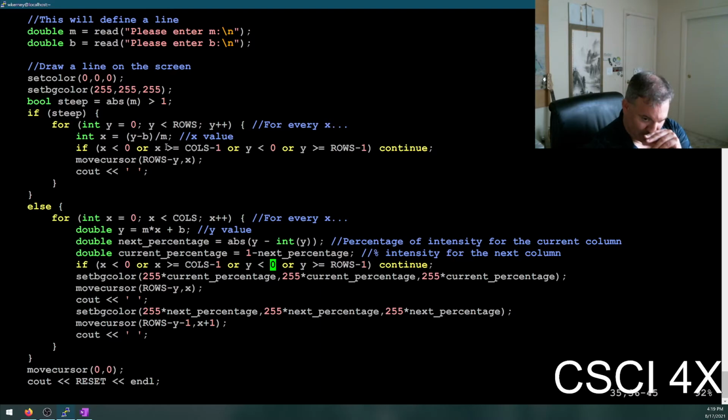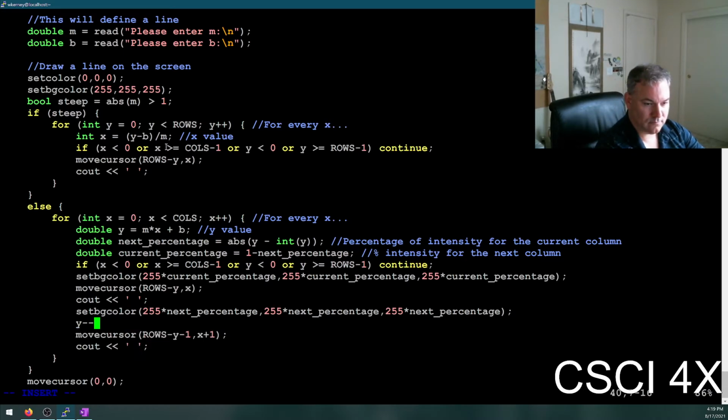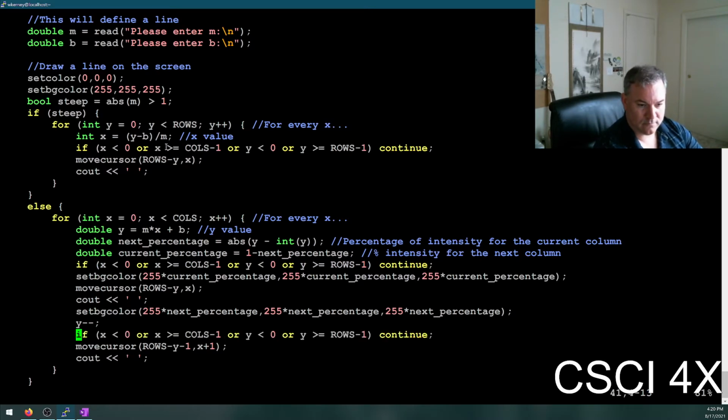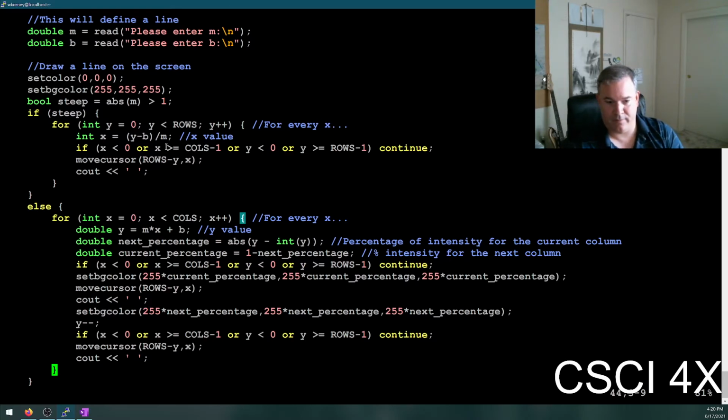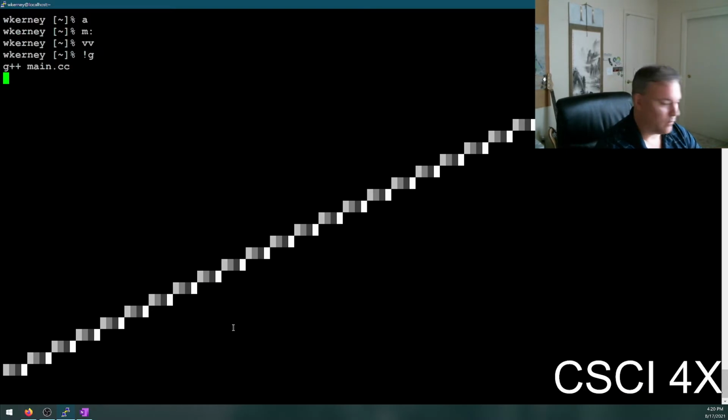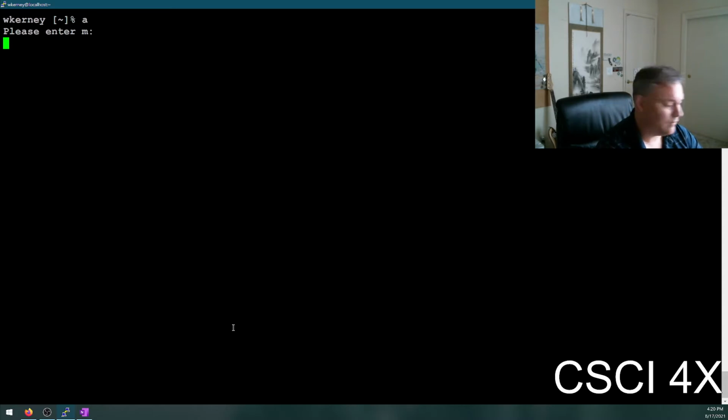If y is less than... Windows is a pain to deal with, but it's probably good for you. Okay, so we're just going to move up to the next row above where we were, and there we go. This won't work with negative slopes and things like that, but we can't draw those on the screen anyway.